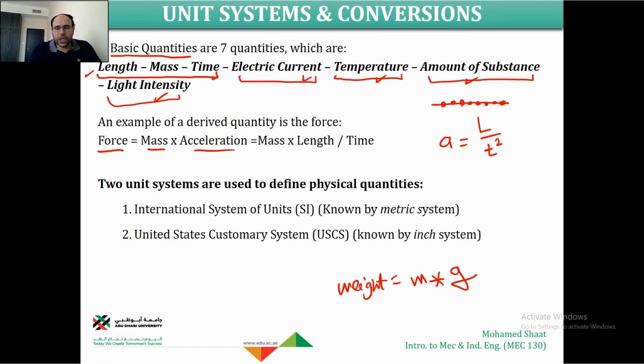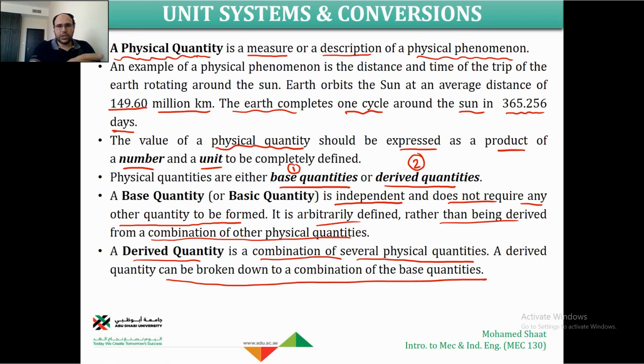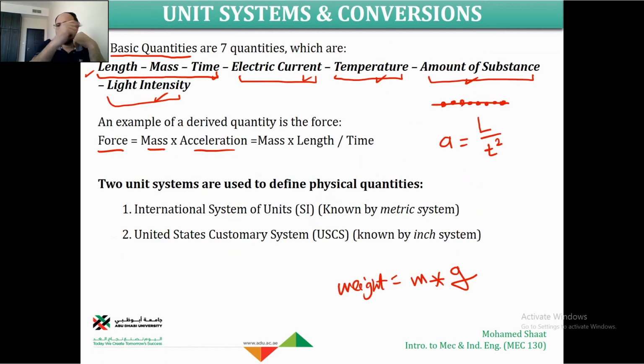So, as we discussed, to fully describe any physical quantity, you should give it a value, followed by a unit. Like when we describe the length, I'm going to tell you that the length of this pen is 10 or 20 or 15.